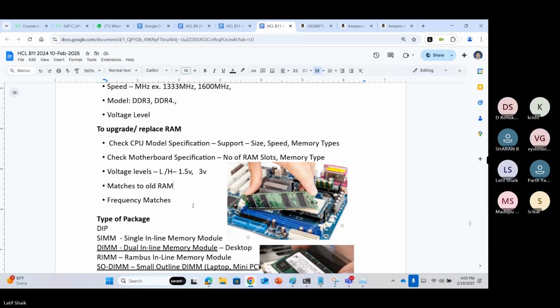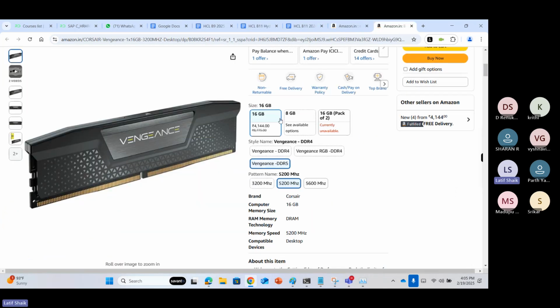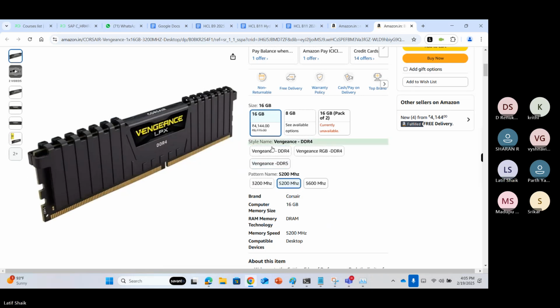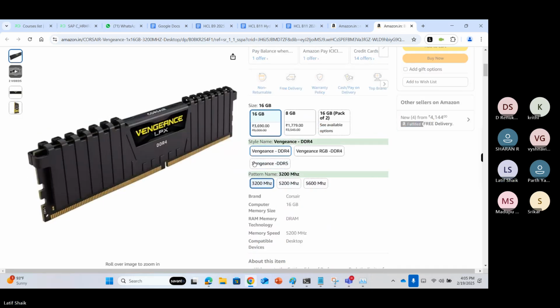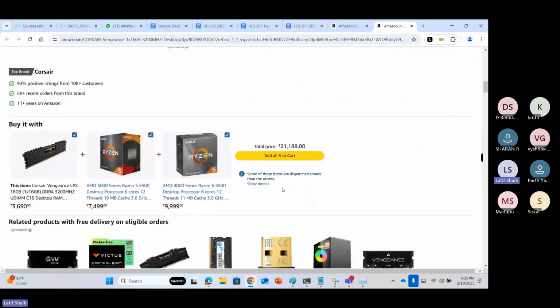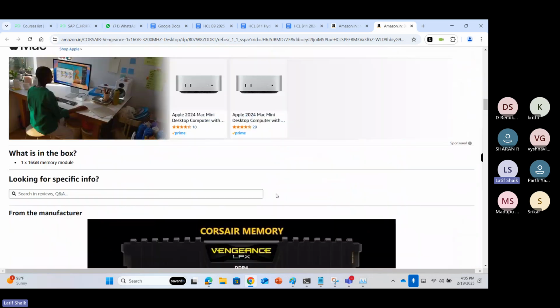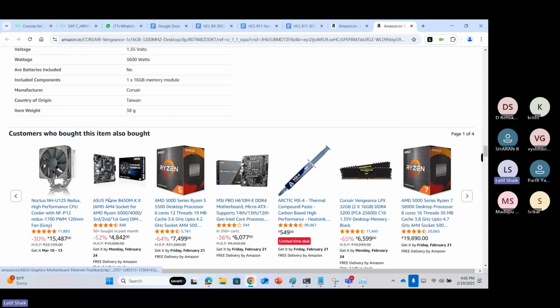Okay. Type means certain motherboards support only certain types of RAM. So it depends upon the motherboard, and whether you want to insert DDR4 or DDR5, you have to select accordingly. Okay, so you go to a motherboard.